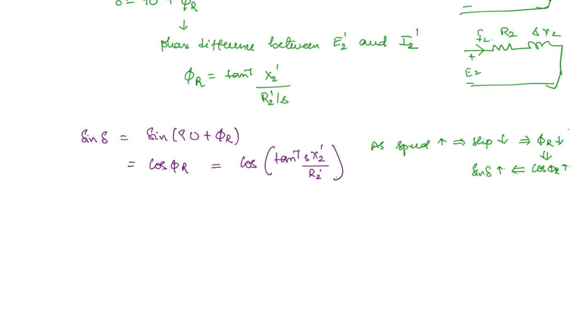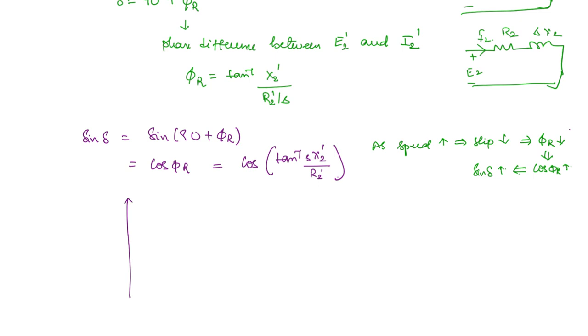So the graph you can draw. This is sine delta, and here you have the speed. As speed increases, sine delta will increase. What will be the initial value? It will be some value other than 0, because if cos phi r has to be 0, then the angle has to be infinite, which is not the case.